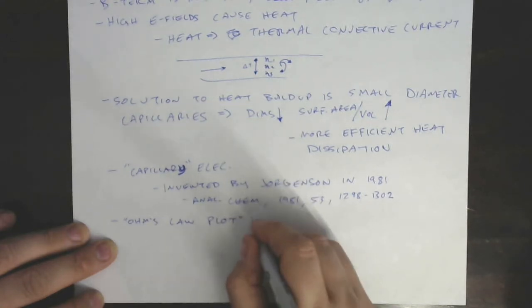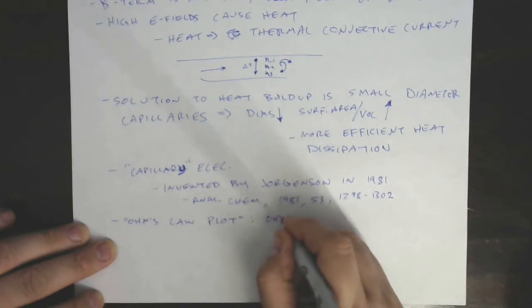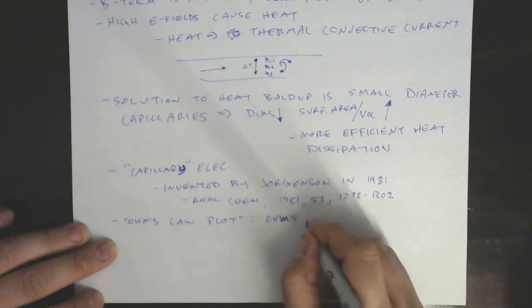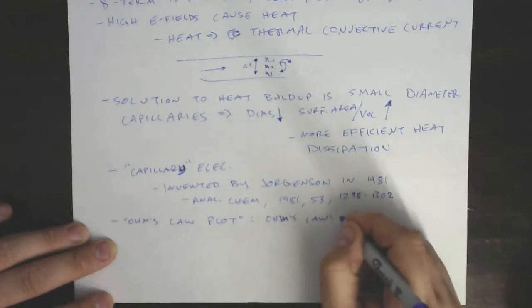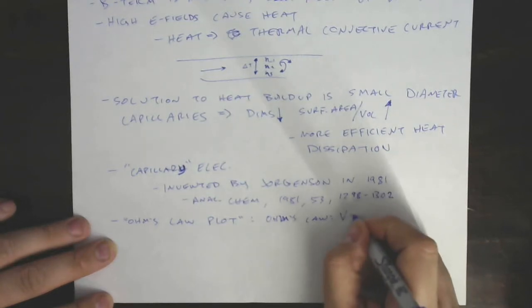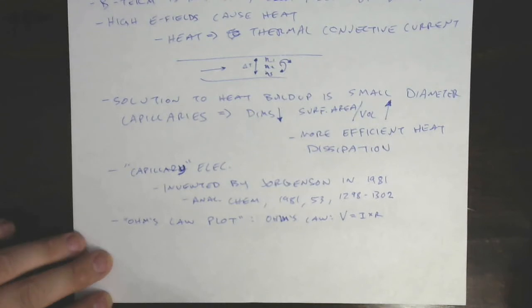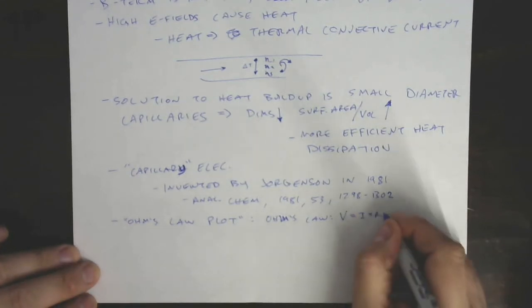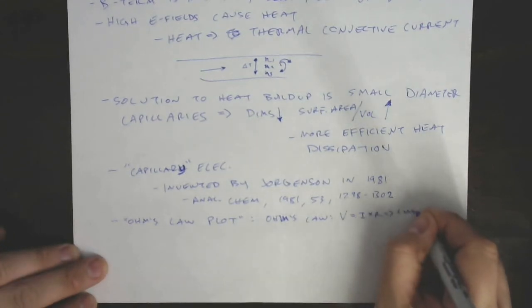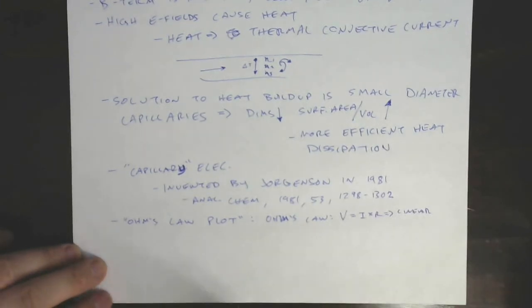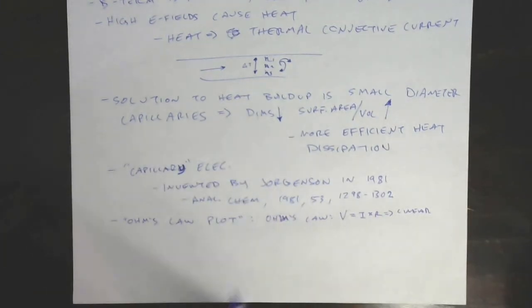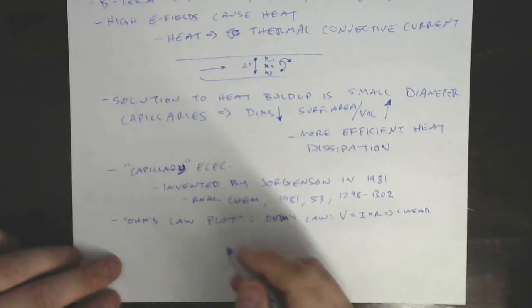We've seen Ohm's law before: voltage equals current times resistance in a circuit, and that's a nice linear relationship. So if we take some capillary, fill it with the solution we want to do a separation in, and apply various voltages and measure the electrical current produced by that circuit, it should give us a nice linear relationship.